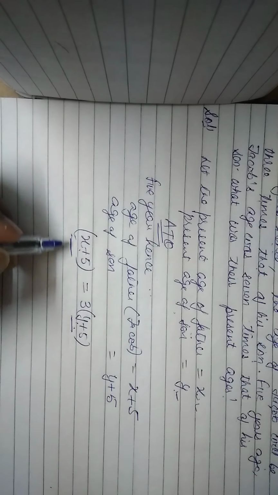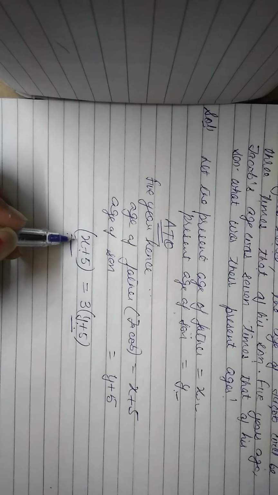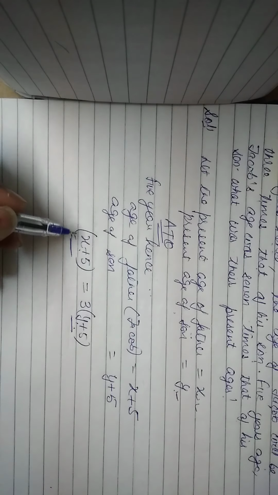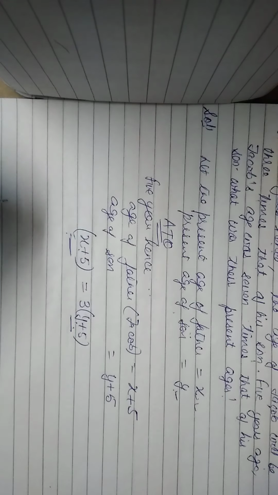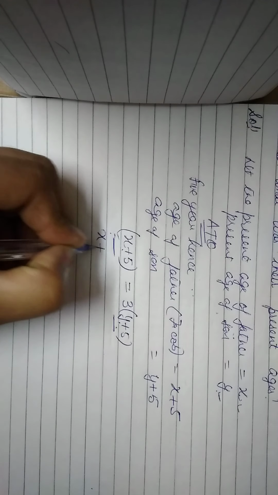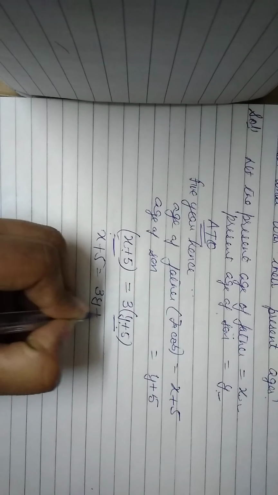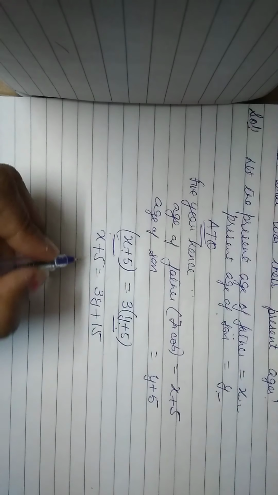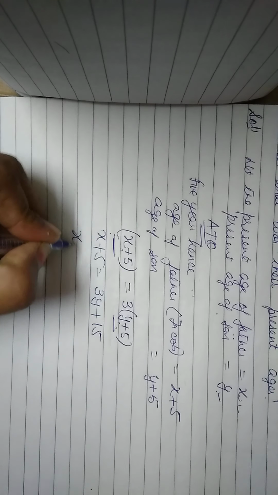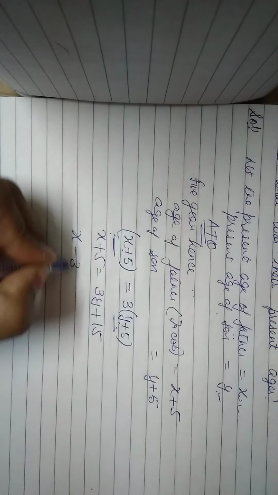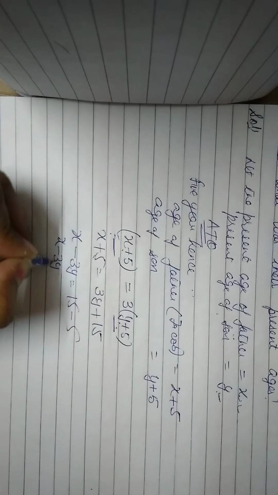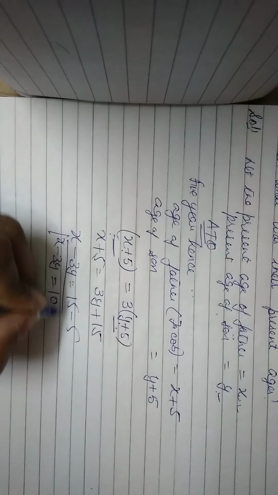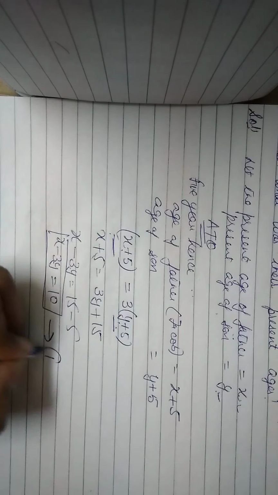If we multiplied the father's age, the father would become greater. Now x plus 5 equals 3y plus 15. Now first equation: x minus 3y equals 15 minus 5, x minus 3y equals 10. This is our first equation.